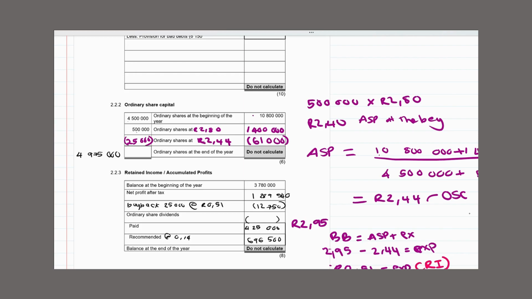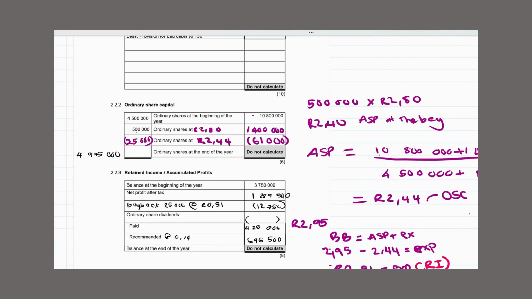So key things to note here are that your ordinary share capital, if our buyback is an average share price, if there is an issue of shares before the buyback, you need to add all of that in order to get our average share price. Whereas if there is one after, we are not going to add it in order for us to get the average share price.